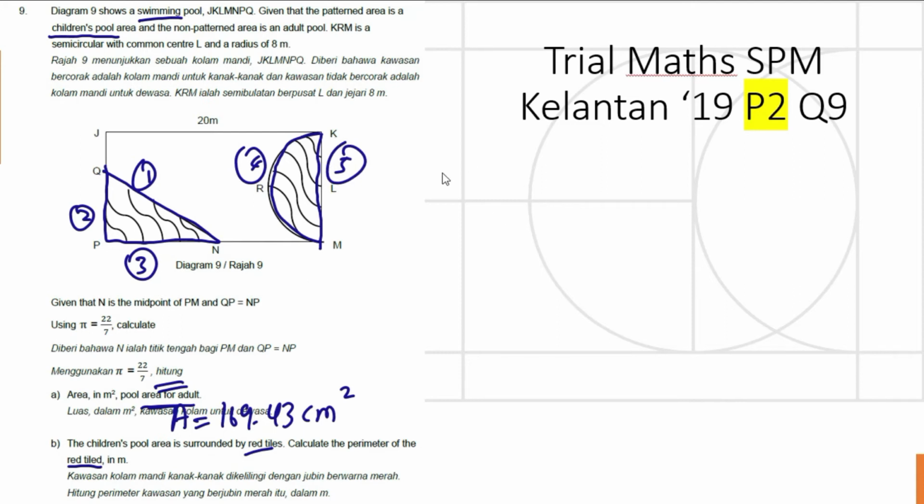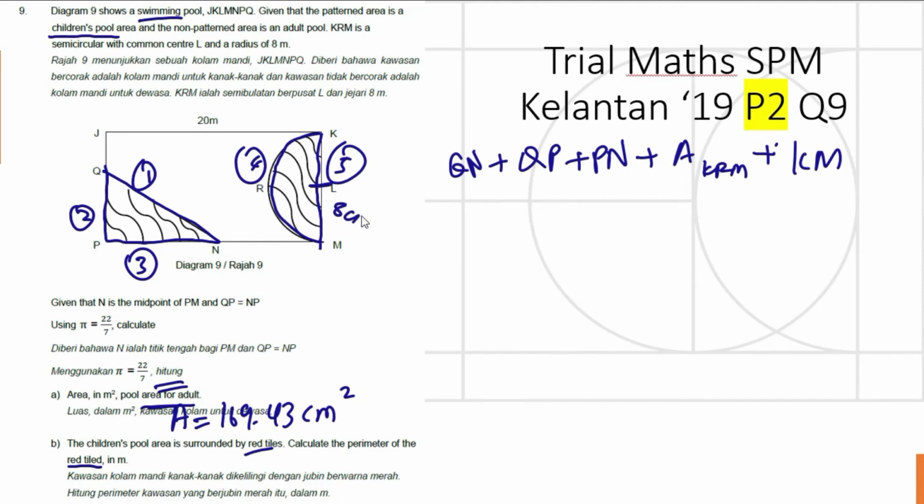So we have QN plus QP plus PN plus arc of KRM plus KM. We know this one is the midpoint where this one is 8 cm, so this one is 10 cm.